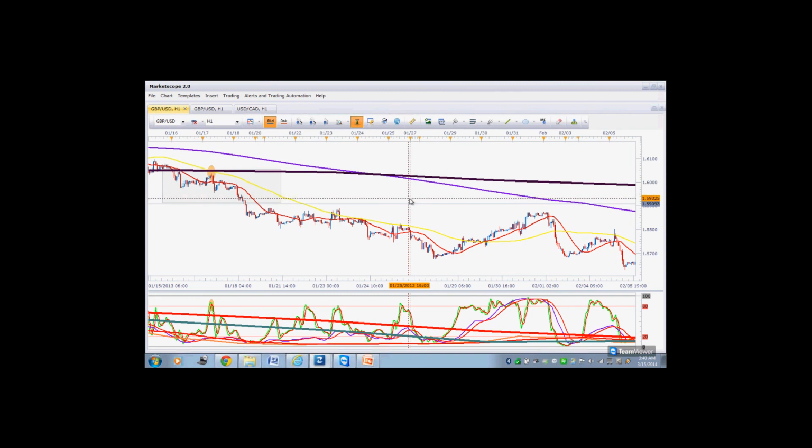So that's how we apply the multiple time frame analysis in our buying and selling setups. For now, that would be all for the rules of this strategy, and I wish you success in your forex trading journey.